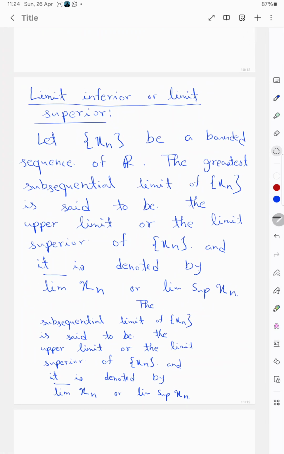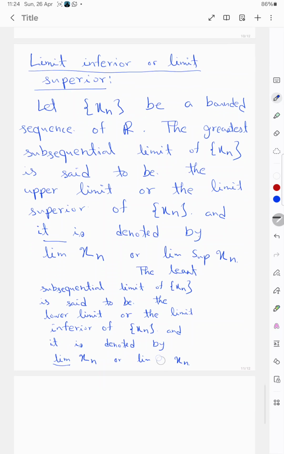The least subsequential limit of xn is said to be the lower limit or the limit inferior of xn, and it is denoted by lim inf xn.